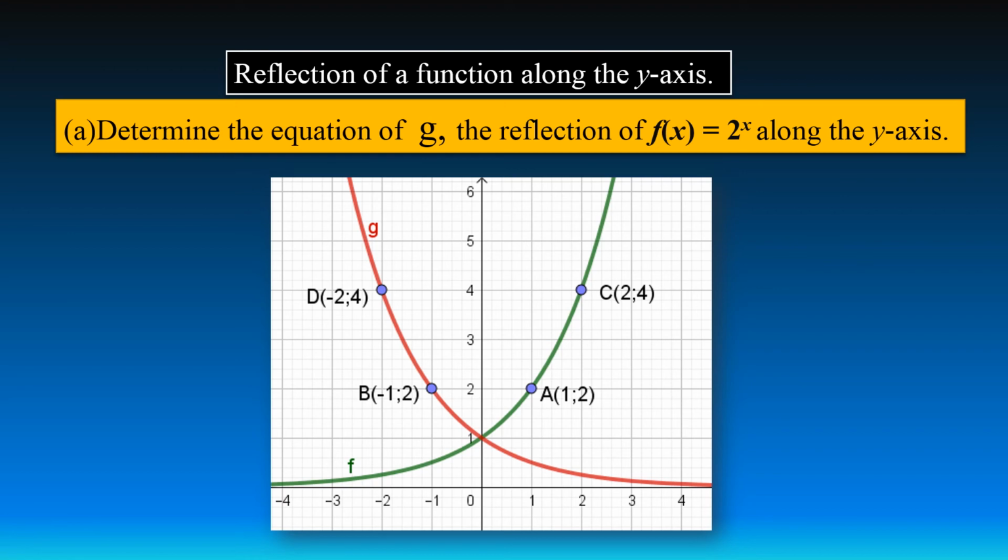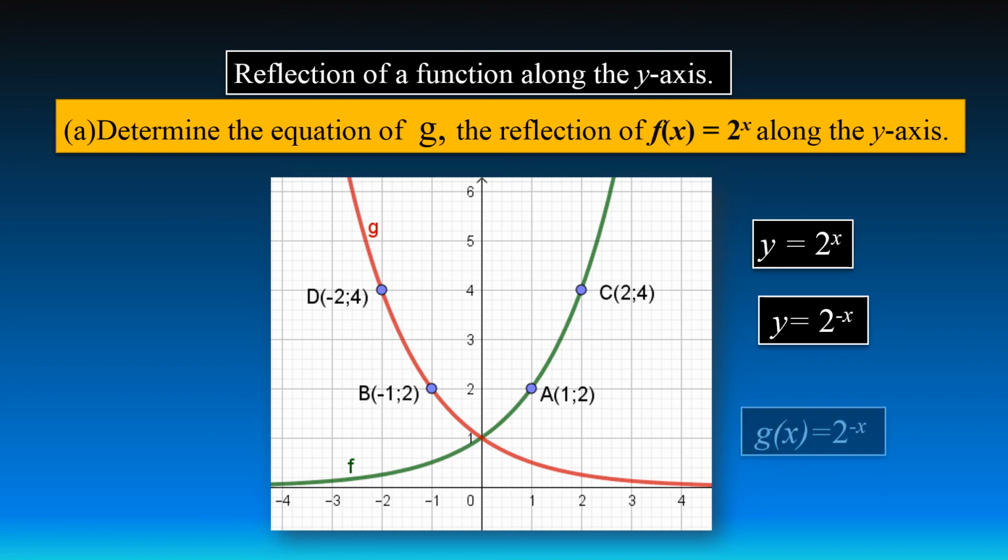So what we do is we modify the equation by changing the x values. So y equals 2 to the power x, we change x into minus x, so we get the equation of the reflection along the y-axis. So g x is equal to 2 to the power minus x.